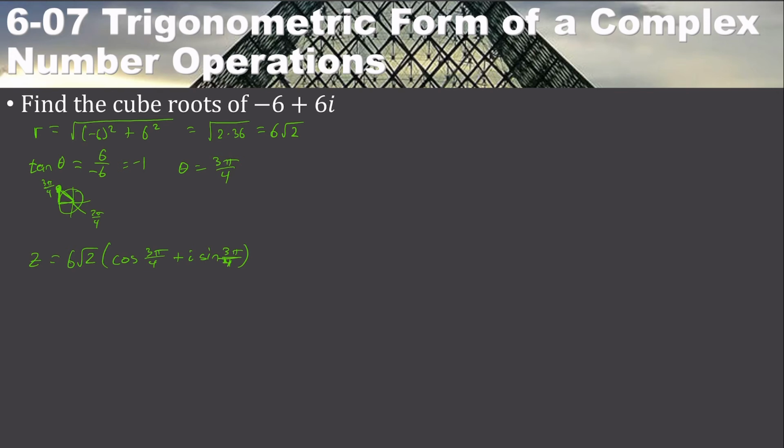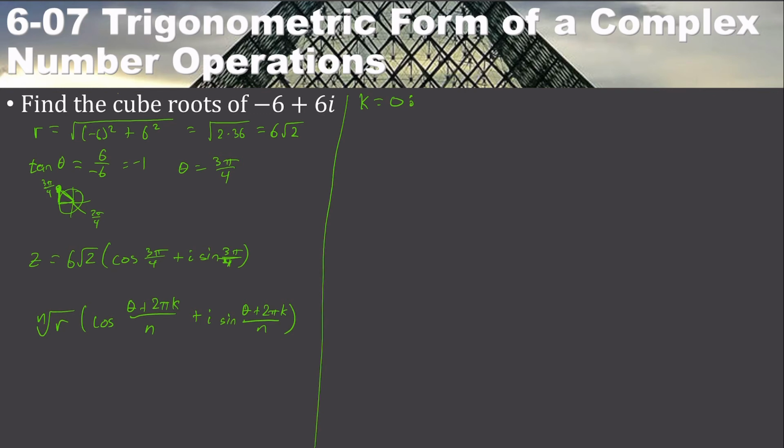All right, let's find the roots. So we're looking for the nth root of r times cosine of theta plus 2 pi k all over n plus i sine of the same thing. Let's start off with k is 0.